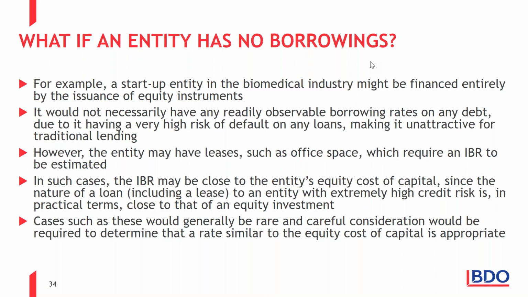So it may be that the terms of an office lease are not significantly different for a junior explorer to what an IT consulting company would pay or a global manufacturer. Then the incremental borrowing rate would probably be similar to what other companies would pay, and that is only because of security and that an office has a secondary and very liquid market and the ease of finding another tenant and so on.